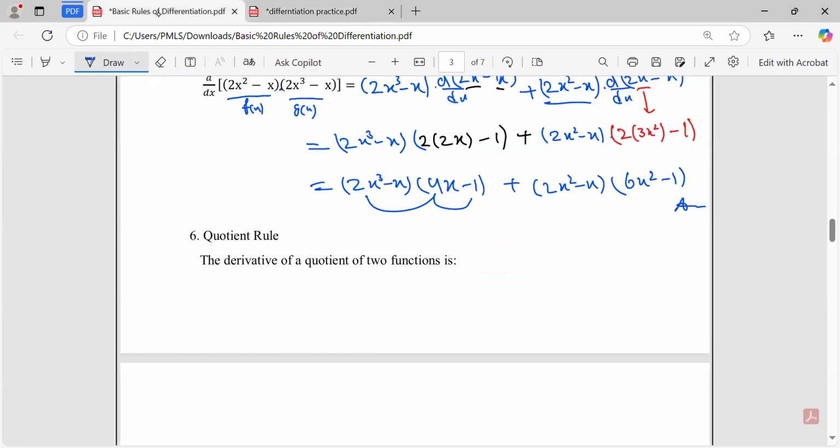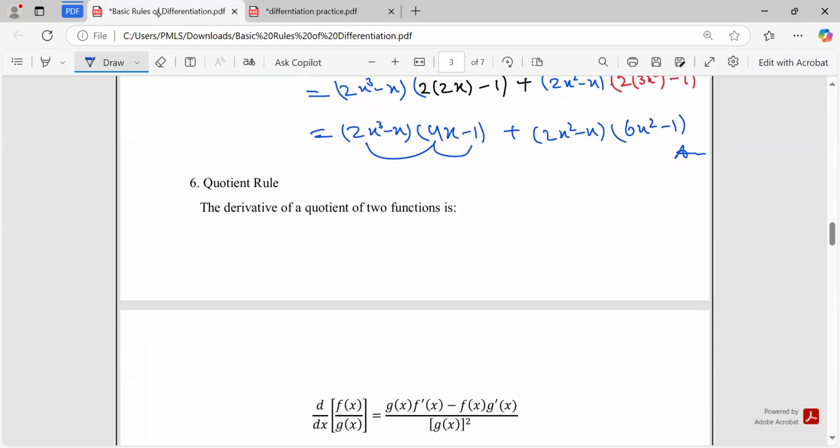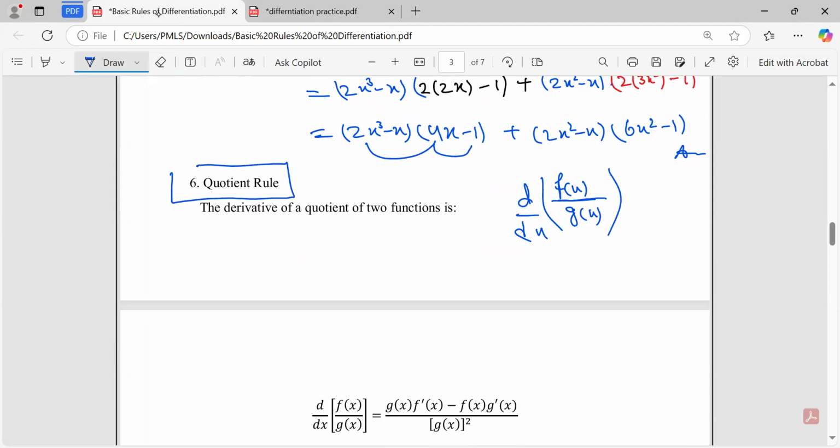If two functions have a product form, you apply the product rule. But what about if you have two functions in a quotient form, like a ratio of two functions? How will you find the derivative? For this we have the quotient rule. If you have two functions in a quotient form, a ratio form, then you will apply the quotient rule.